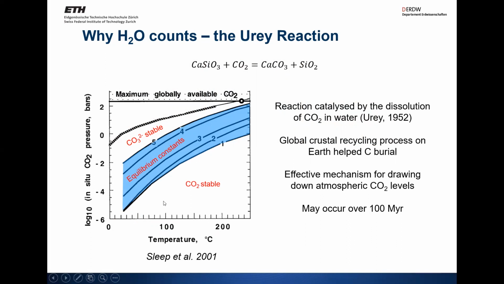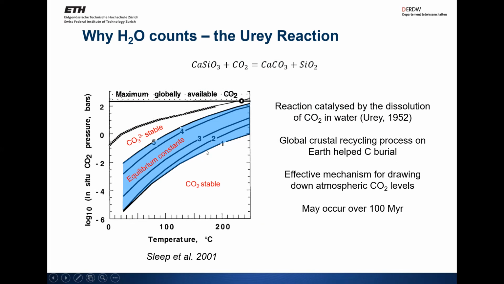And so this was modeled by Norm Sleep about 20 years ago, and showed that this reaction and reactions of this nature, so instead of calcium, you see these different curves relate to a different component such as magnesium, can occur over about 100 million year timescales, and it leaves us with partial pressures of CO2 of the order of 0.01 bar. So this seems to be an efficient mechanism which is required to have water on the surface.